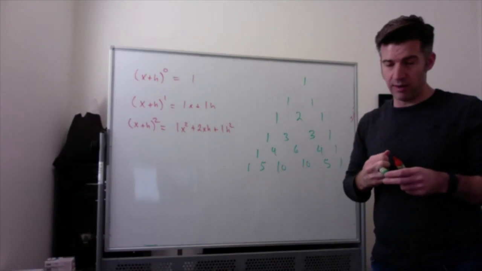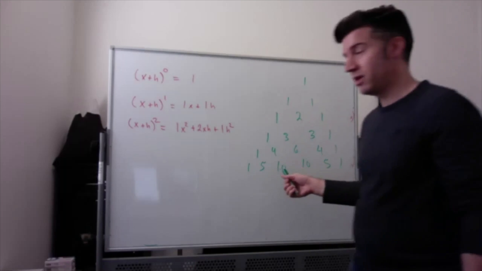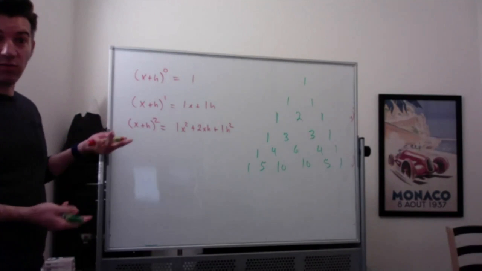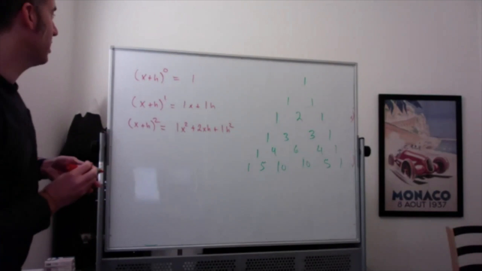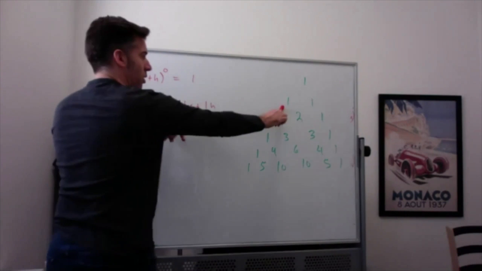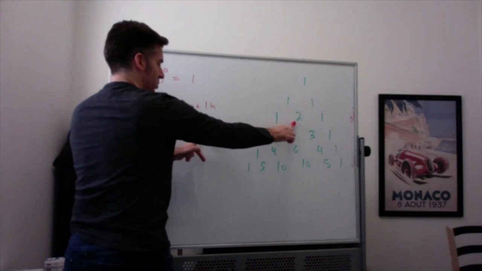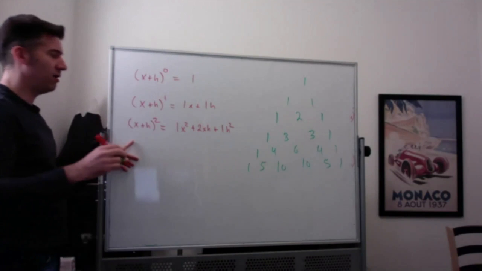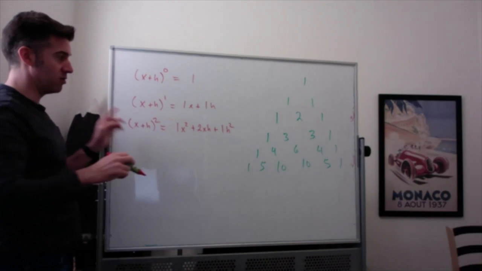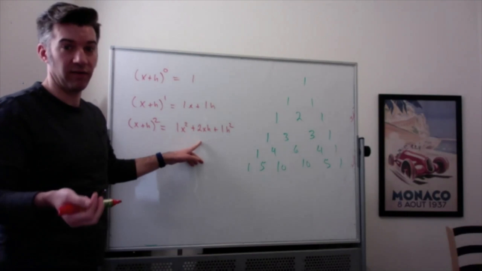The one we care about today is the fact that each row of Pascal's triangle gives the coefficients of what is called the binomial expansion. So when you take x plus h to the 0th, you get 1. When you take x plus h to the 1st, you get 1x plus 1h. When you get x plus h squared, you get 1x squared plus 2xh plus 1h squared. And the pattern here is that you start with x to whatever your highest power is, like x squared, and then you decrease the power of x by 1 each term, and you increase the power of h by 1 each term.